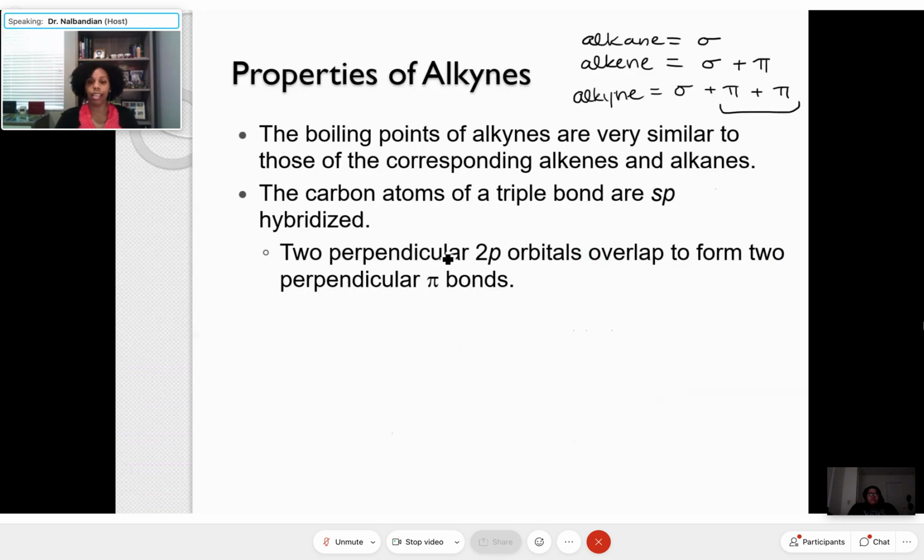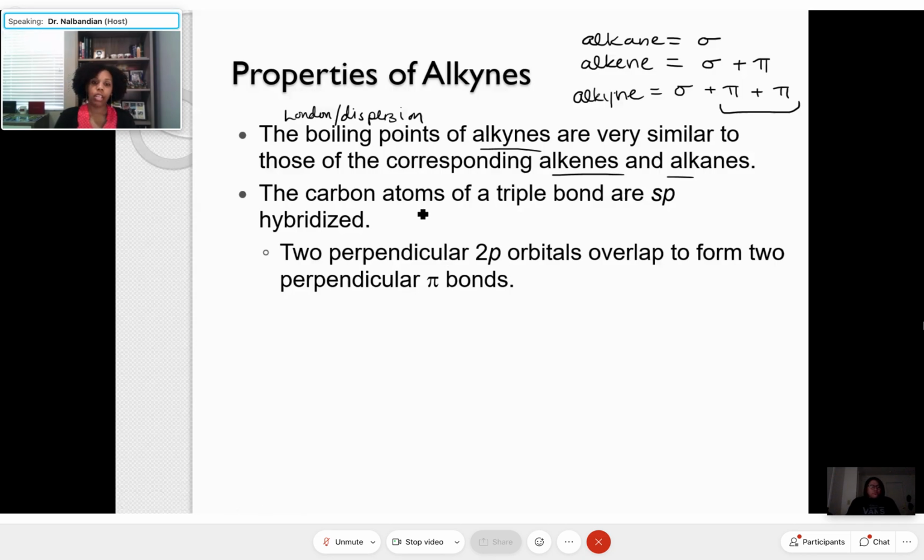So looking at the boiling points for alkynes, alkenes, alkanes, all very similar. They all have just the London dispersion forces. They're all mostly nonpolar, and so they have about the same boiling points.